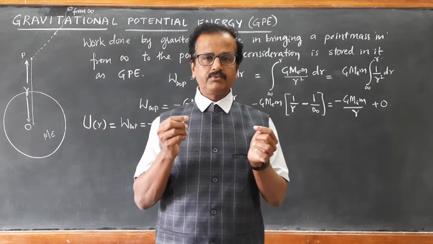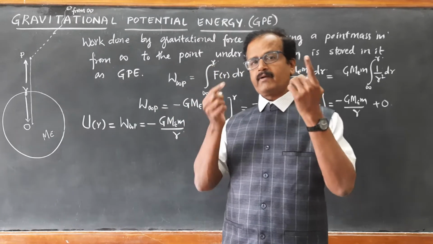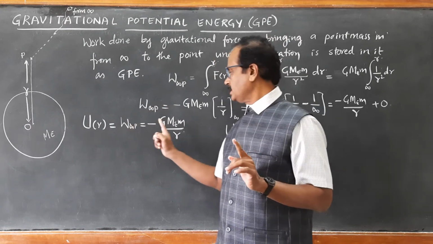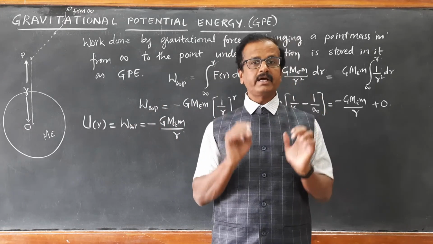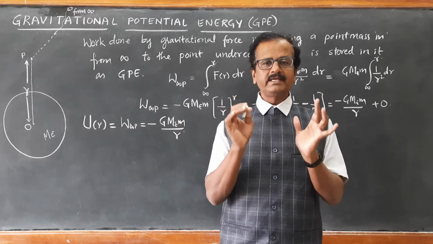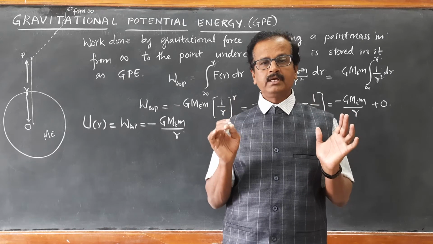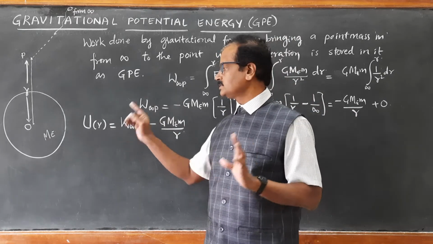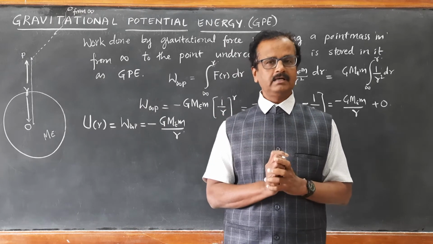So the gravitational force is attractive, therefore gravitational potential energy is also attractive potential energy. As a result, we get a negative sign. The negative sign symbolizes that the gravitational force involved is attractive and the body is bound to the gravitational field of the earth.